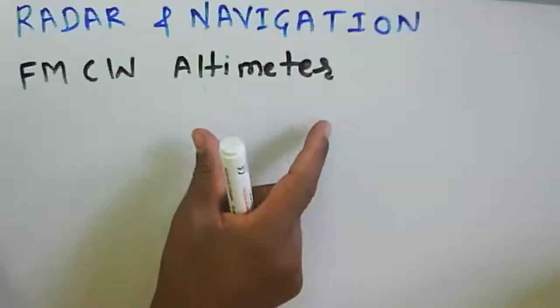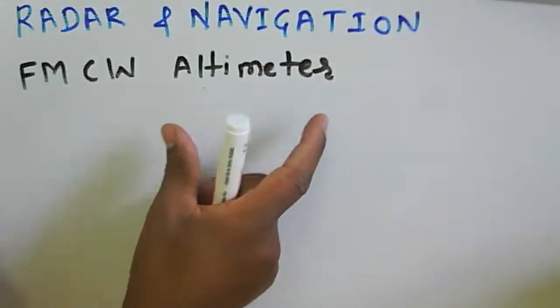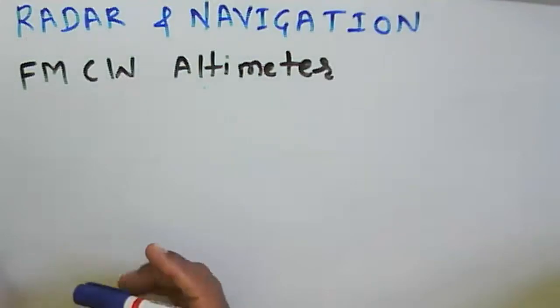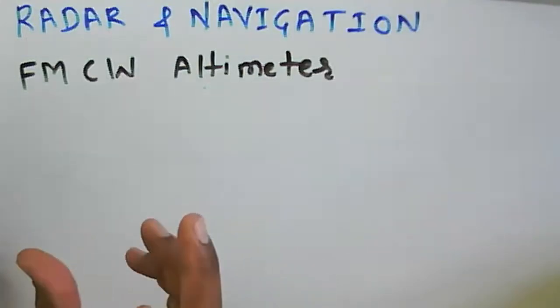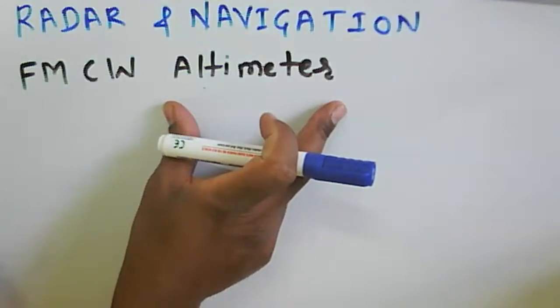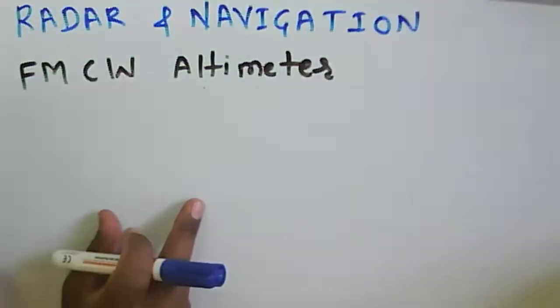Now we talk about the altimeter. Generally an altimeter is used to measure the height. It is used in an aircraft to measure the height above the surface of the earth.